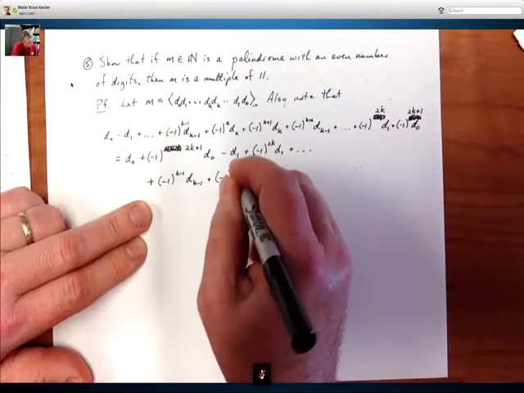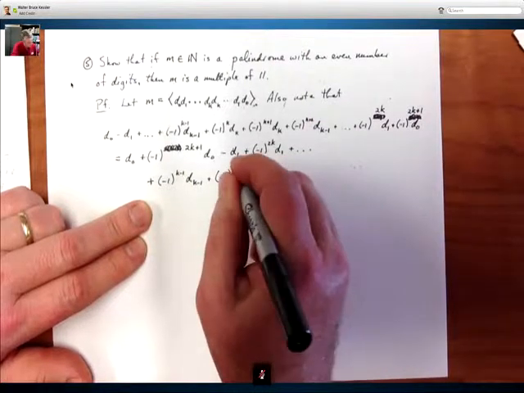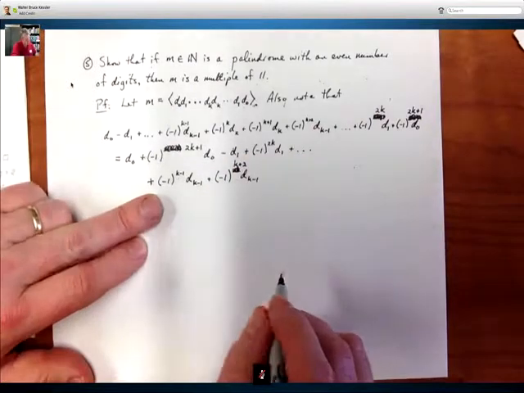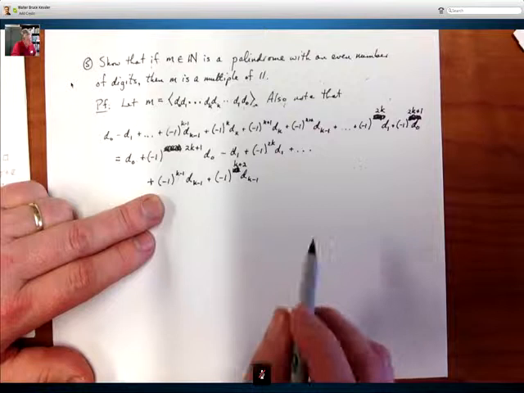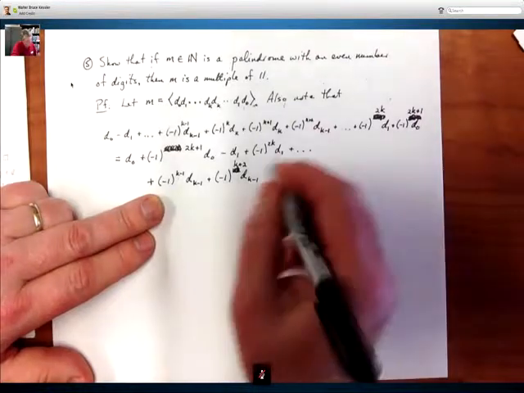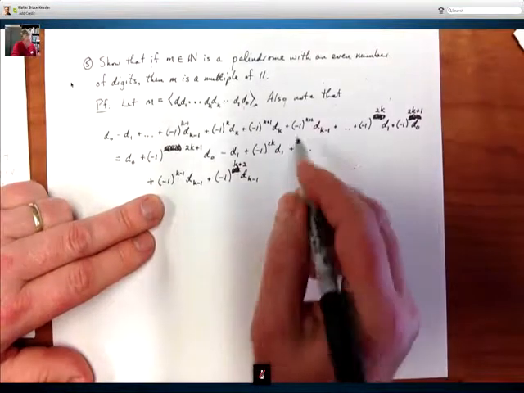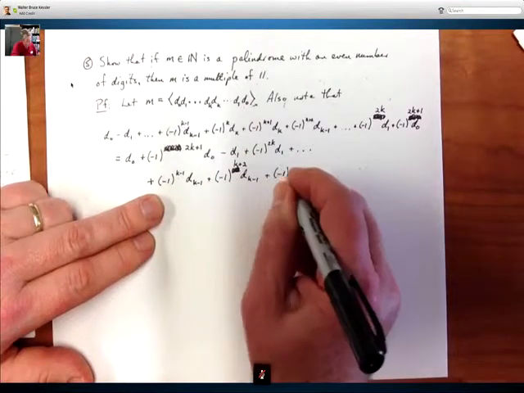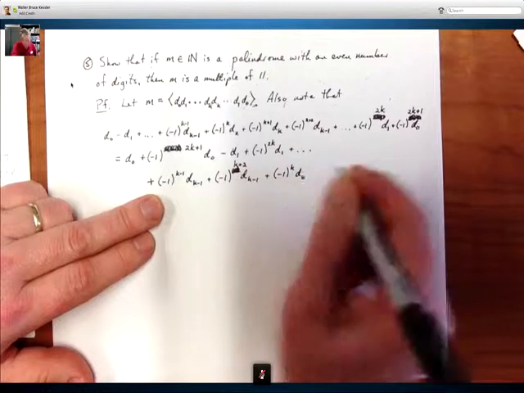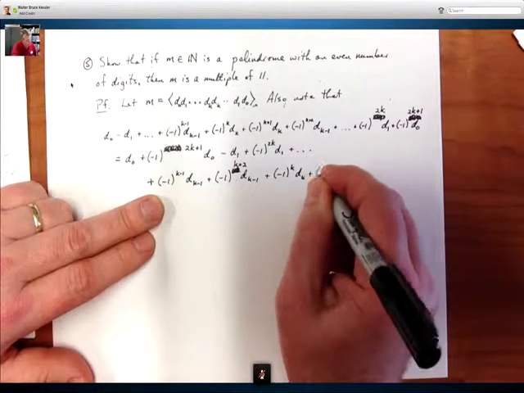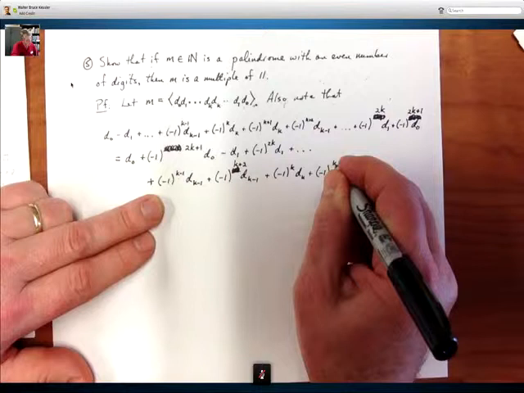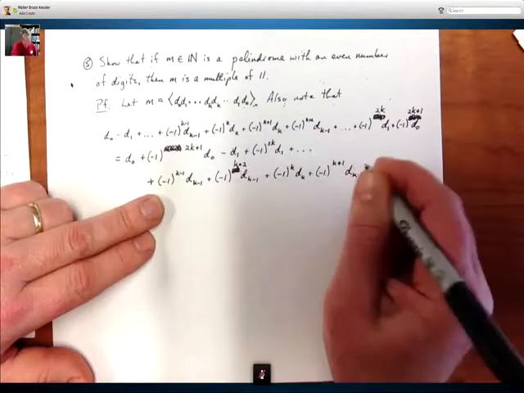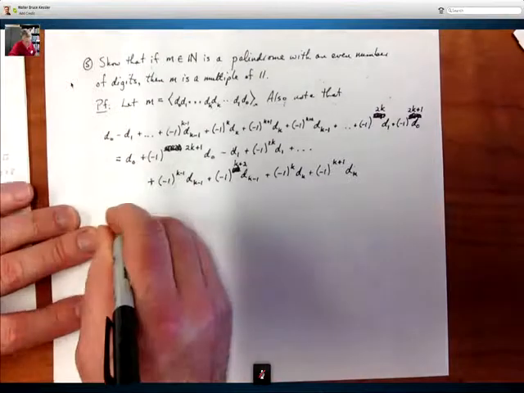K minus 1, excuse me, k minus 1, and this is k plus 2, excuse me. Okay. Sorry, I was looking at the wrong one. And then here's my 2d sub k. So plus -1 to the k d sub k plus -1 to the k plus 1, that's here, d sub k.